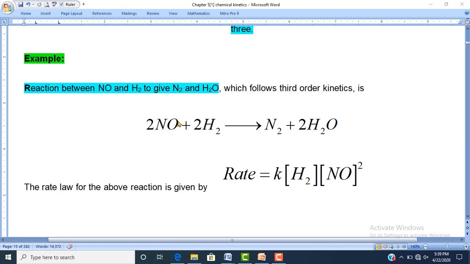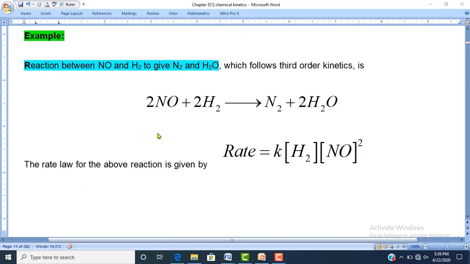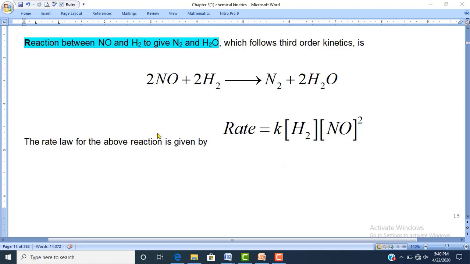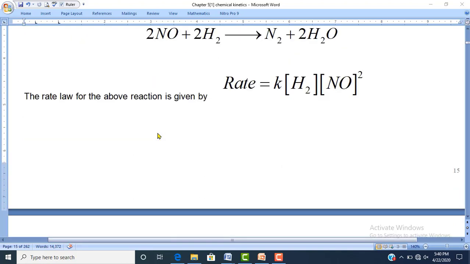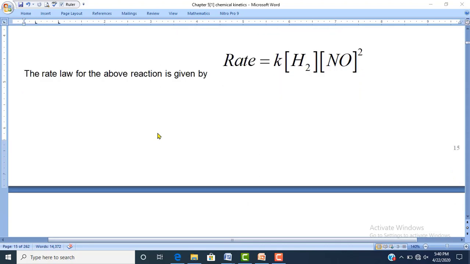Because apparently this reaction looks like the order of reaction is 4, but in actual practice this reaction is third order reaction. And the most important point to be remembered is that the maximum order of reaction that has been found up till now is only 3. Order of reaction cannot be more than 3. Up till now, of all the reactions we have studied, the order of reaction has gone maximum up to 3.